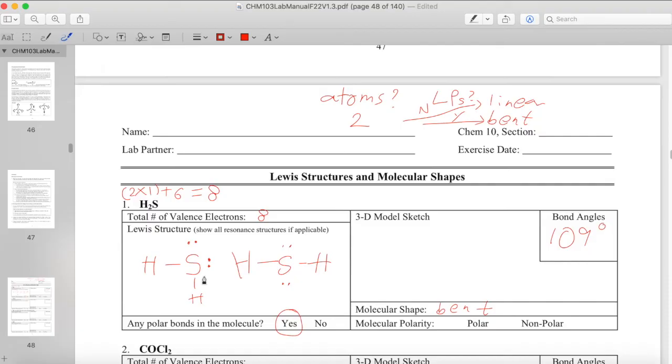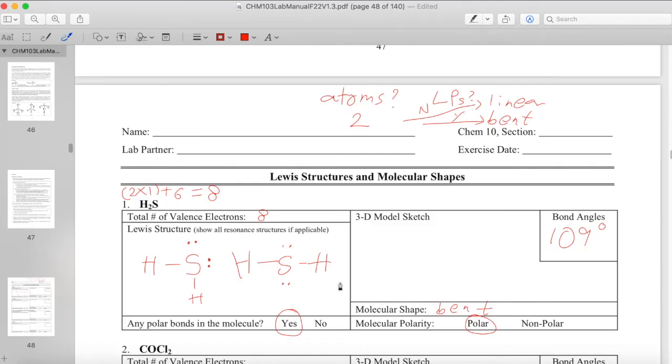If you have different things coming off your central atom, it's going to be polar. Think of the opposite poles on a magnet. The north pole and the south pole are different from each other, right? In the same way here, this sulfur has two hydrogens and two lone pairs. We have a hydrogen half to the molecule, and we have a lone pair half to the molecule, so that means that this is a polar molecule.